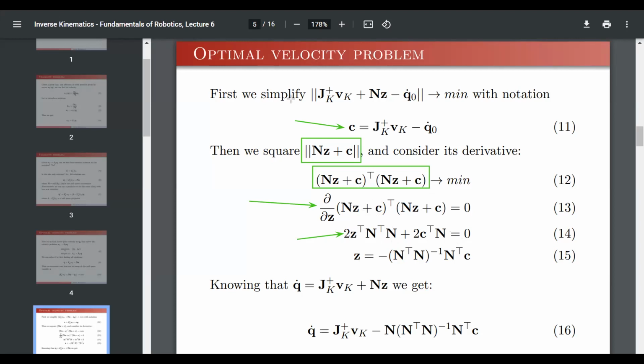This is how we got the first part. When we differentiate this with respect to z, we get 2z and N transposed N. And then I would have two identical scalars: one was c transposed Nz, and another was z transpose N transpose c. They are scalars, so they cannot be transposed with respect to each other. And we took the derivative, and that's how we got this. c transpose c has derivative with respect to z equal to 0. So that's what we got.